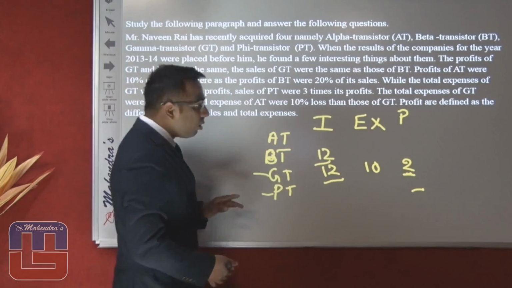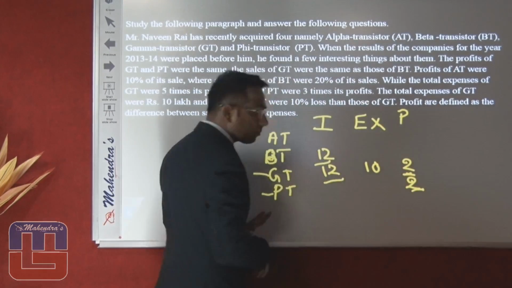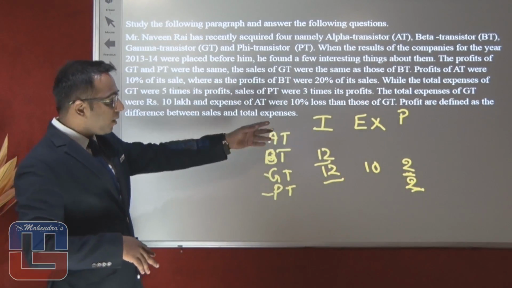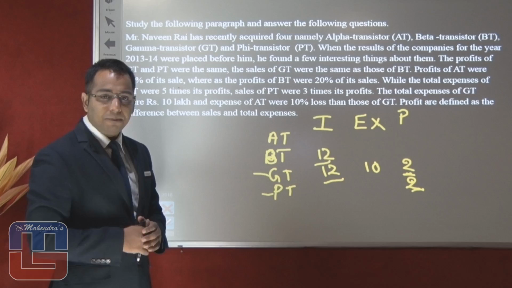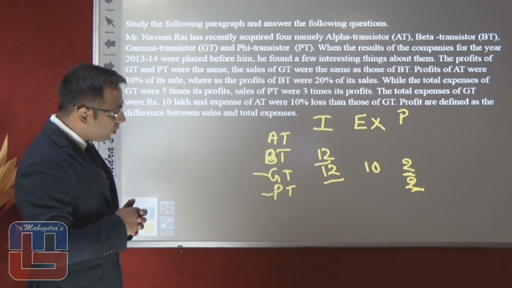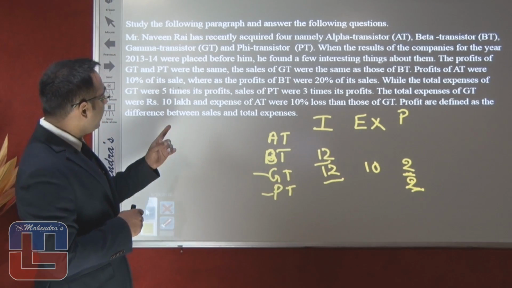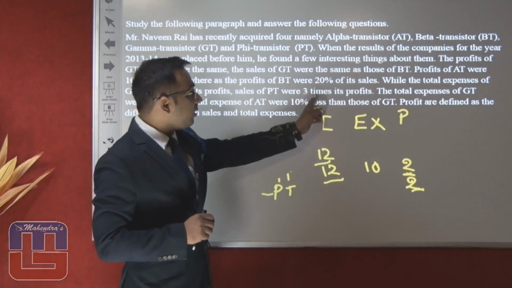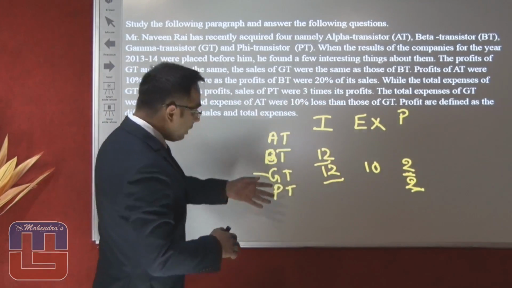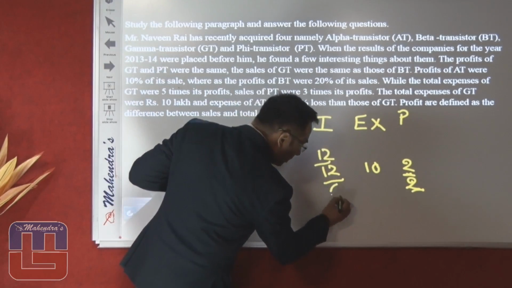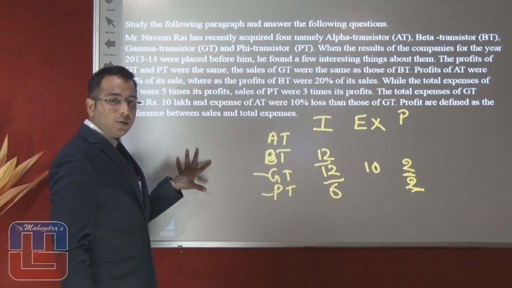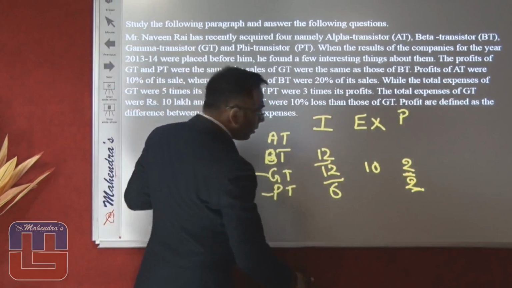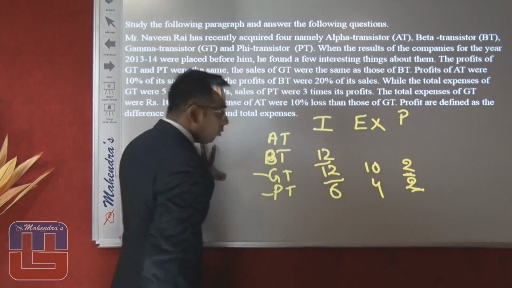Now PT also has a profit of 2 lakh, because the profits of GT and PT were the same. Now PT's sales were 3 times its profit, so the income of PT will be 6: 2 into 3 is 6. So the expenditure will be 4.